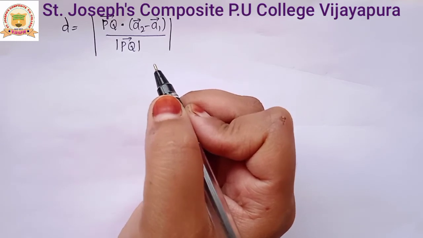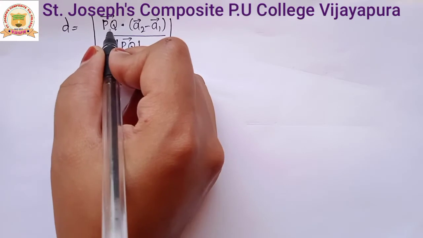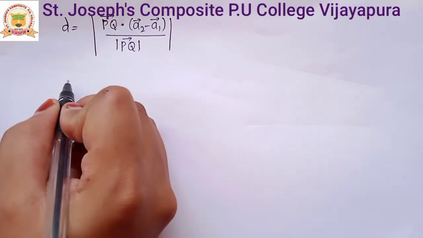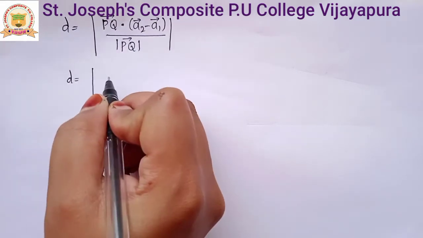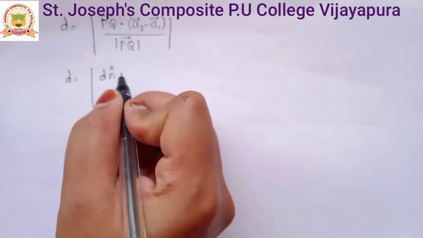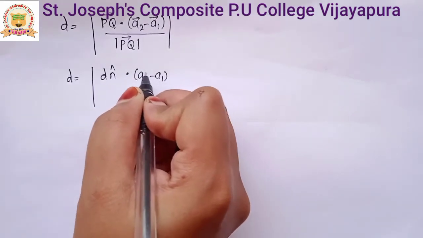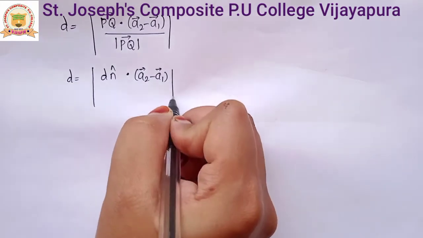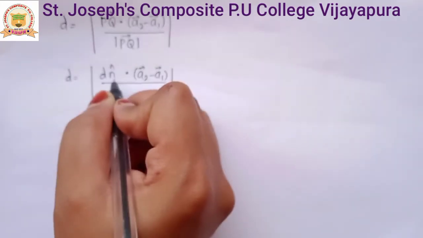And also from equation 2, we have the vector PQ. So substitute here. From equation 2, we write the vector PQ as D into n unit vector, dot A2 minus A1, divided by the magnitude of PQ. That is, PQ is D n unit vector.